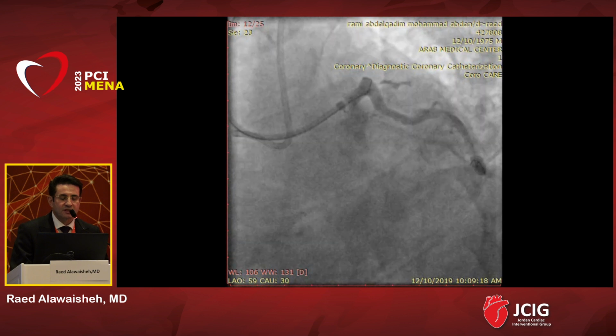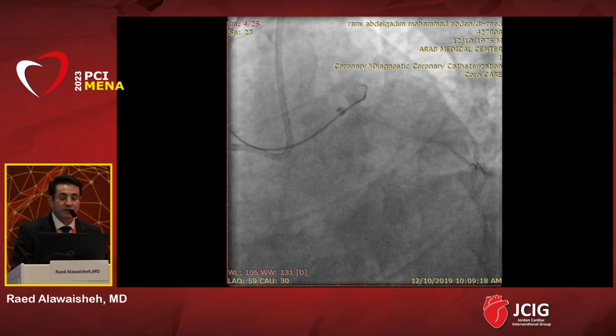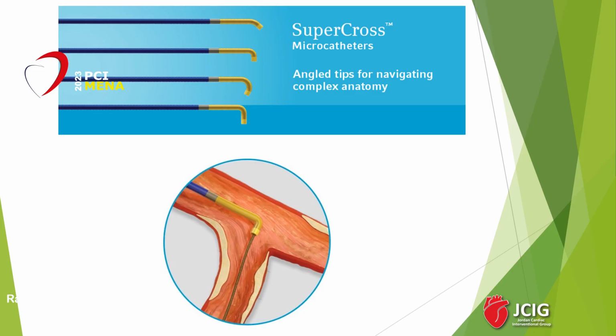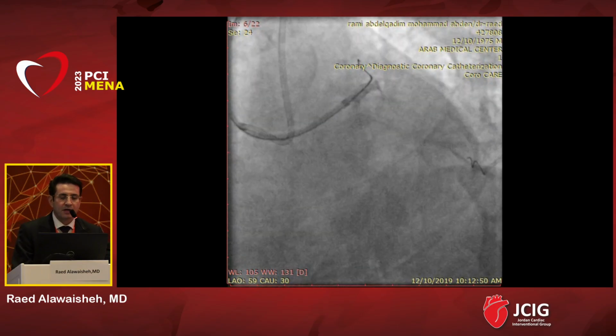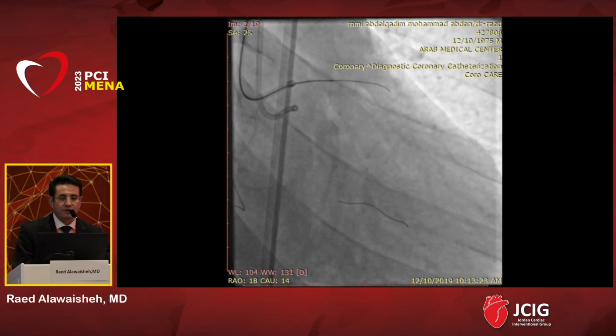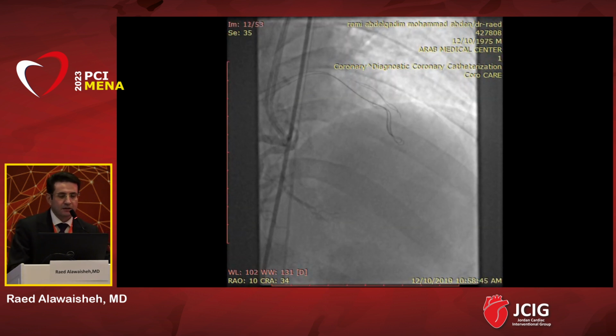I used IVUS-guided penetration of the ambiguous LAD, using the Supercross microcatheter, which has a curve, so it can go with the wire and do the penetration to the proximal cap, and from there go to escalation, de-escalation, changing the wires with the microcatheter, because it is a tortuous vessel, so you need to mix.